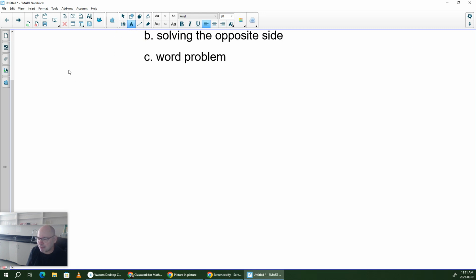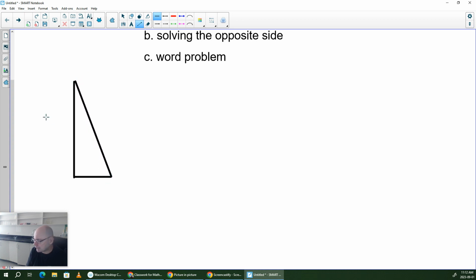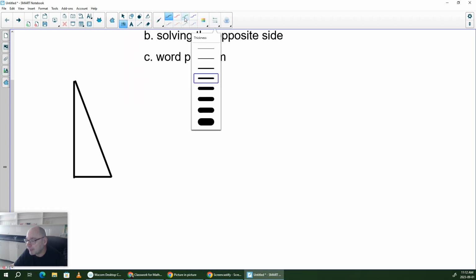So let's say that we have this triangle here. And let's say that in our triangle we have, I think I'm going to go with the calligrapher pen today. Okay, this is our right angle.